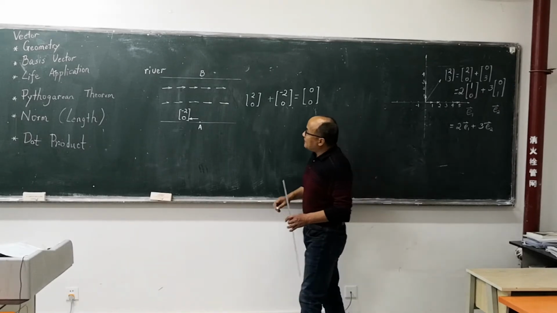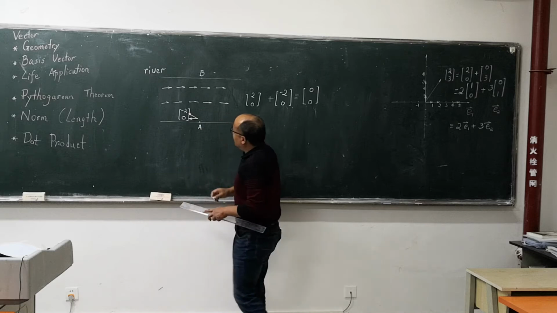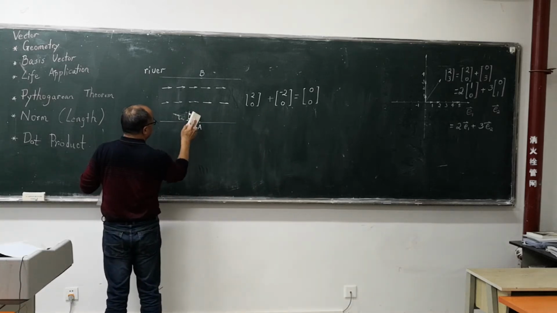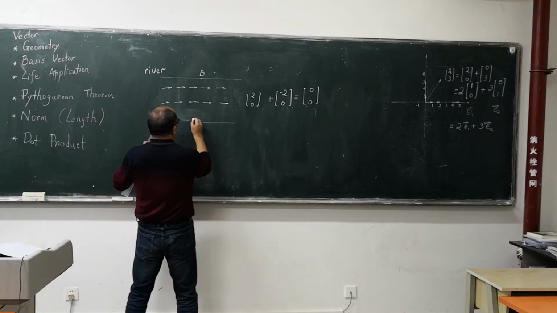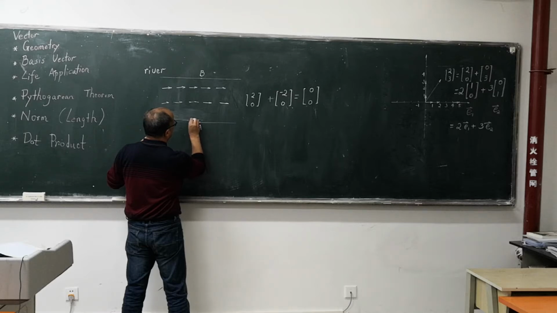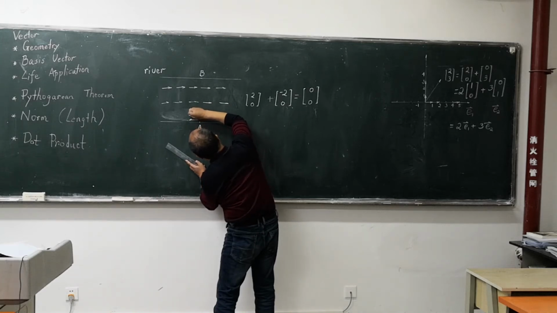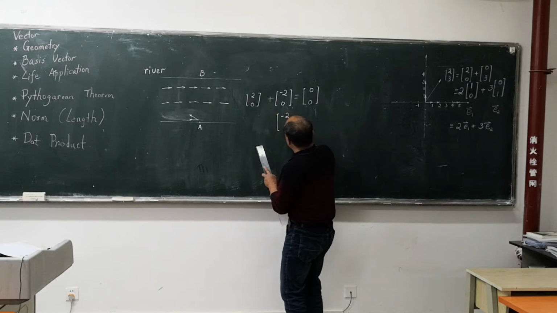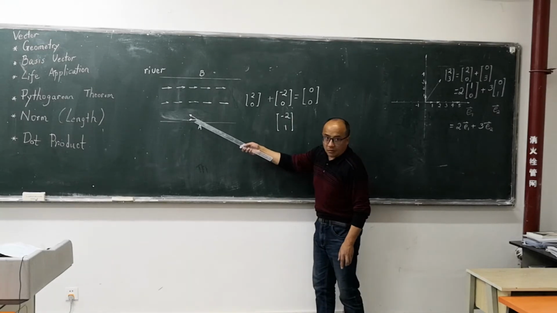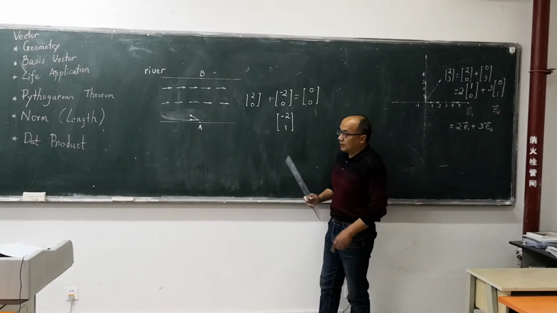Now, if your boat is going like this, the first one is this much, and the second one is this much, minus 2, 1. Your boat is minus 2, 1. So what's the result?